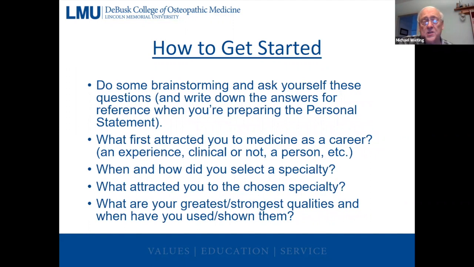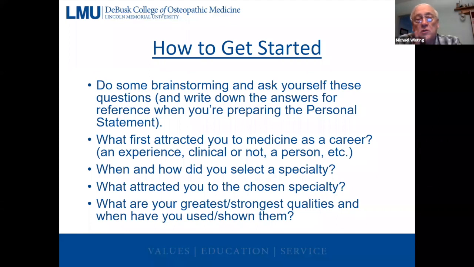So how do you get started? Well, you want to ask yourself 4 key questions. And my suggestion would be get a pad of paper or just a blank screen on your computer, and write down these 4 questions, and then write down the answers, not in prose, just bullet points that you can expand on.